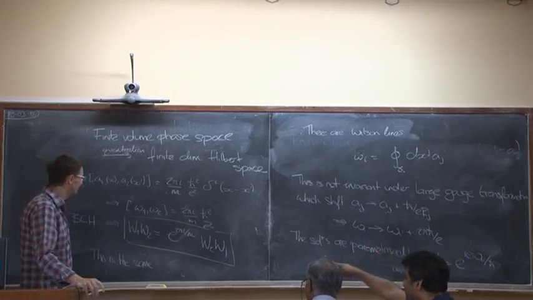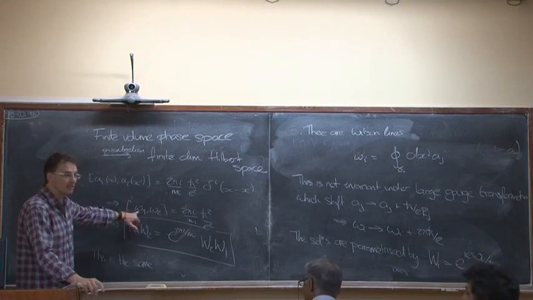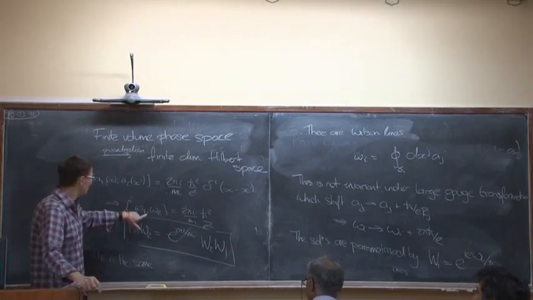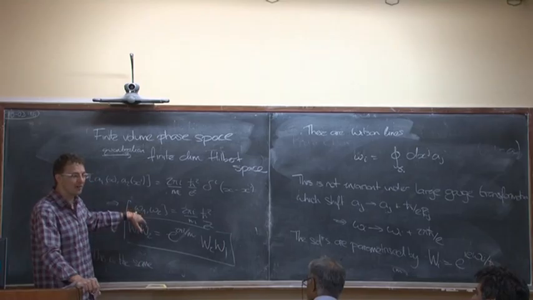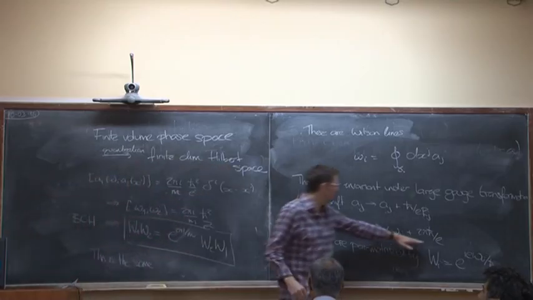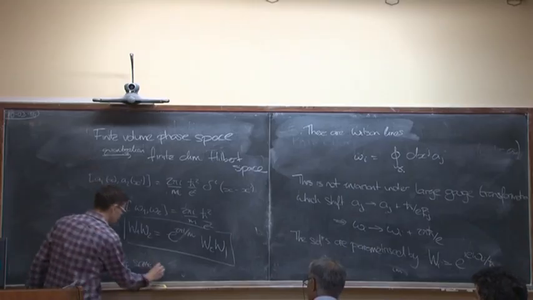You can't write it in n cross n. That's right. No, I think it's probably right because this isn't acting on gauge invariant ground states. So probably this is infinite dimensional, but it's acting on gauge copies of the true ground states. That's probably what's going on. This is the same degeneracy.